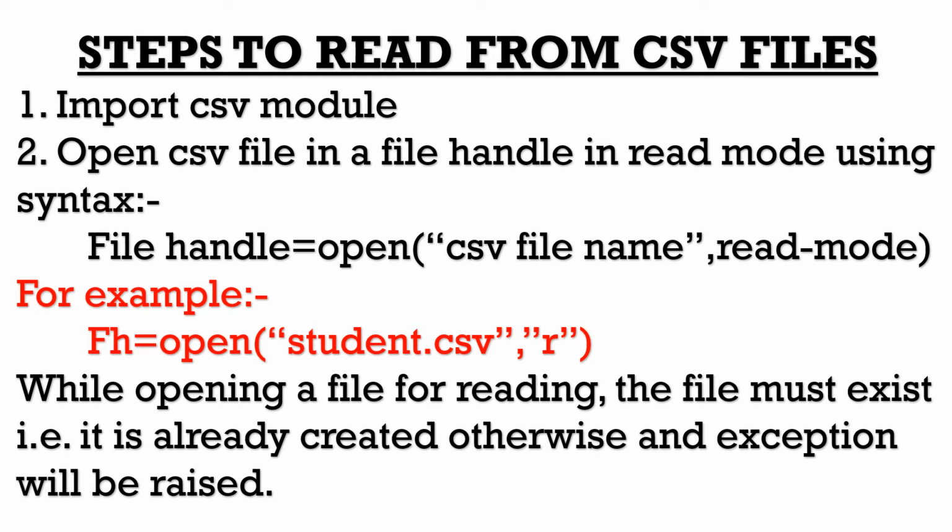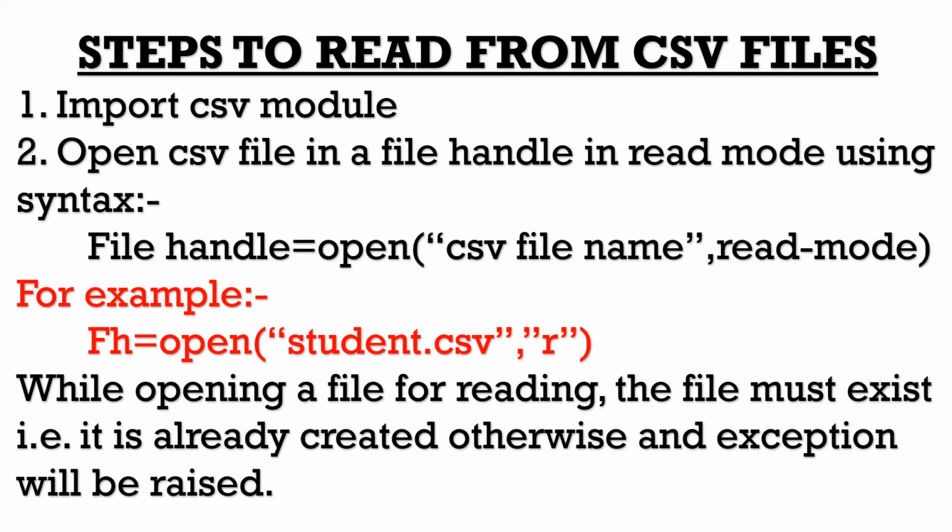Now, what are the steps that you have to include in your program if you want to read the CSV file? The very first thing is to import the CSV module, and the statement is import csv. So the CSV module is to be imported.